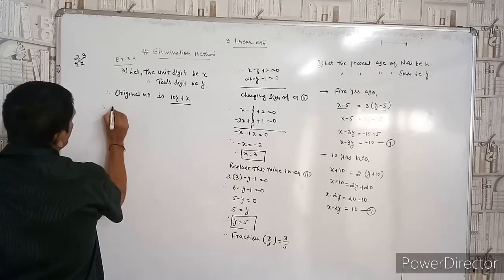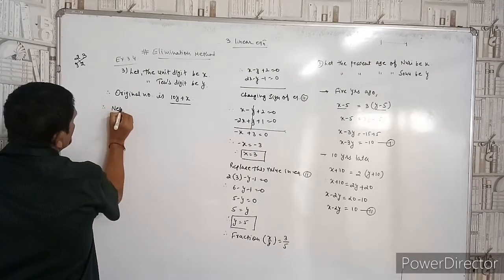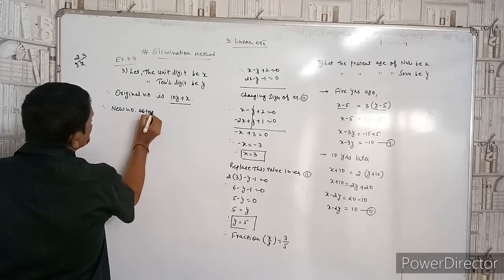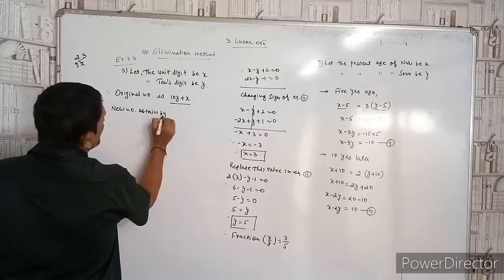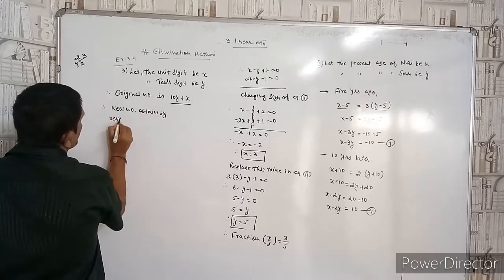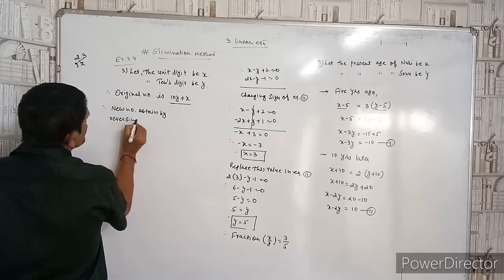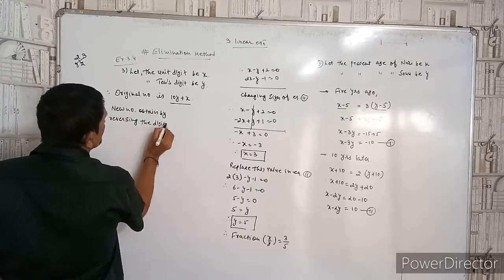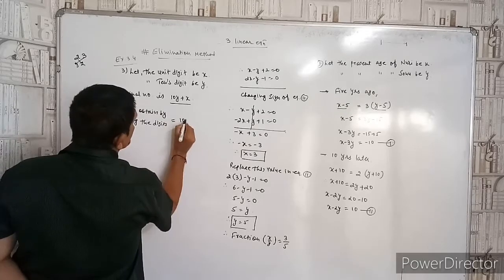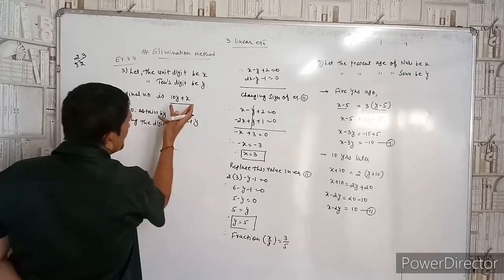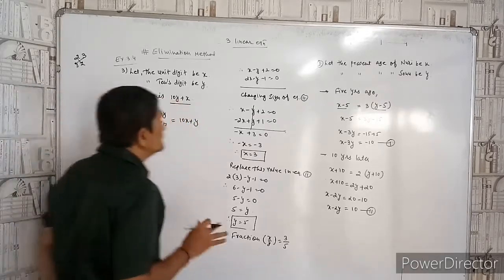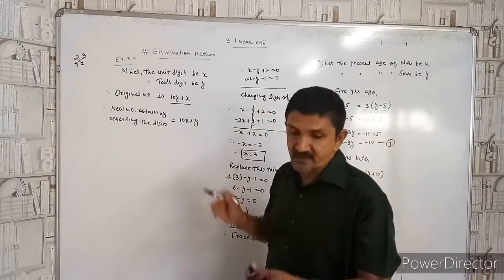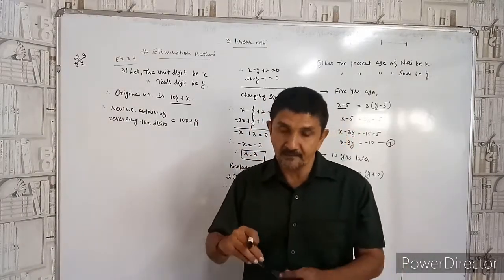So here I am writing: the new number obtained by reversing the digits is equal to 10x plus y. These two digits will be interchanged. Okay, so this is the original number and this is the new number. Clear?